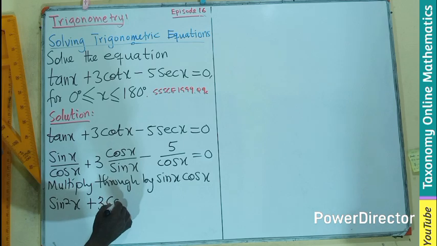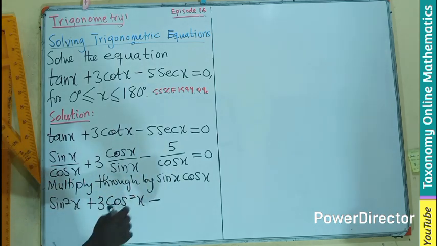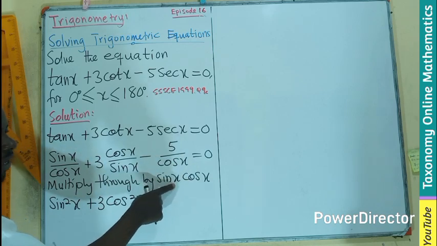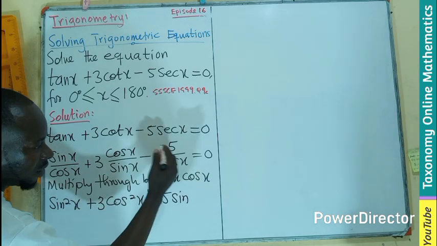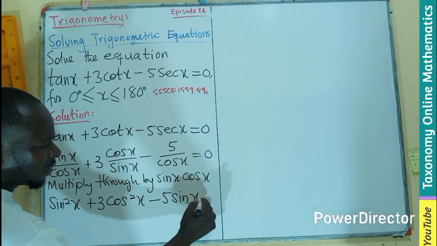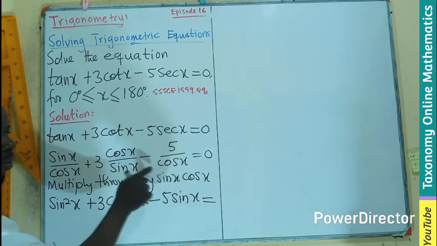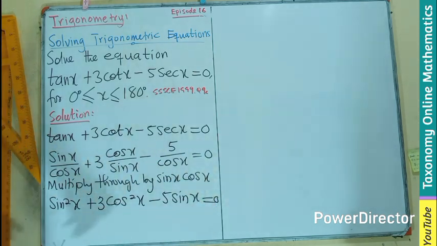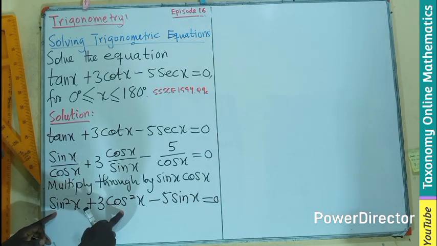So 3 cos square x minus. This is also multiplied by this, so the cos will cancel, leaving you sine. Then we have 5 sine x. This equals 0 times this. We are multiplying every part of it by this, which will still give us 0.